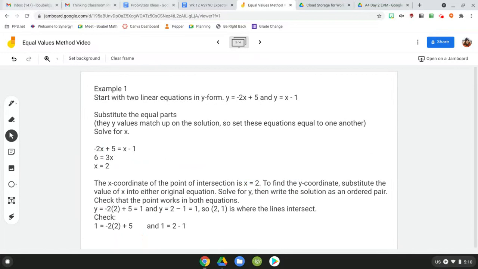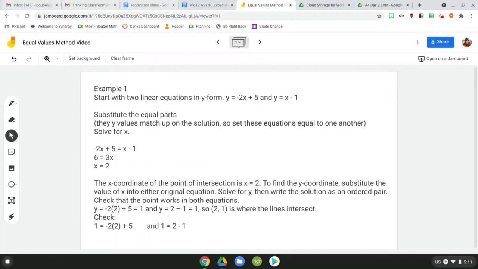All I did was get rid of the y's and set those two equations equal to one another. My next step is just solving for x, like we did in Unit 2. I added 2x to both sides, and I added 1 to both sides, and I get 6 equals 3x. I divide both sides by 3, and I end up with x equals 2.